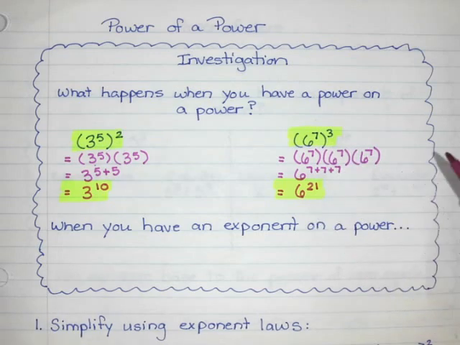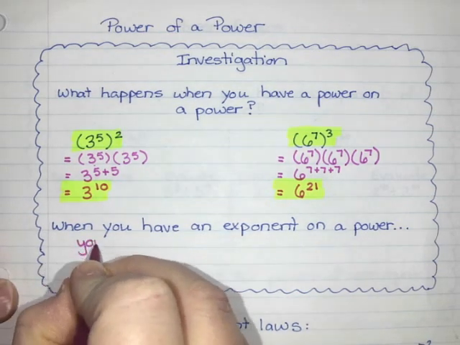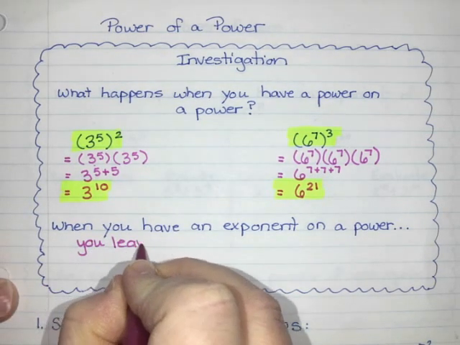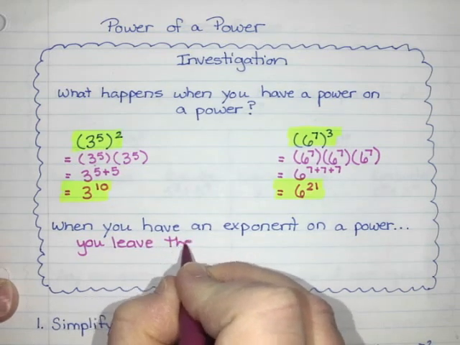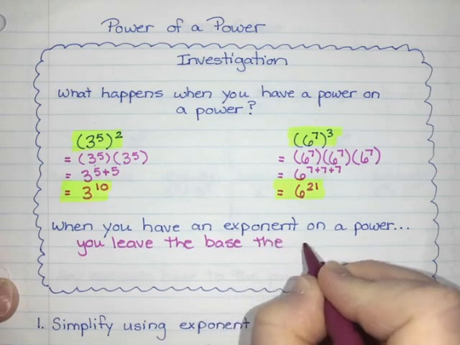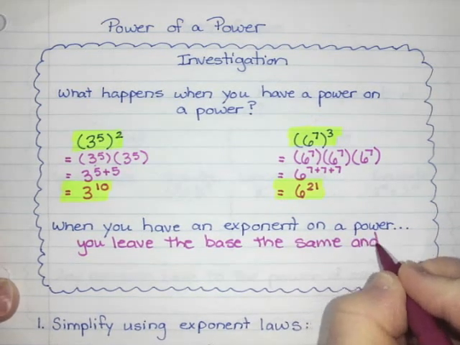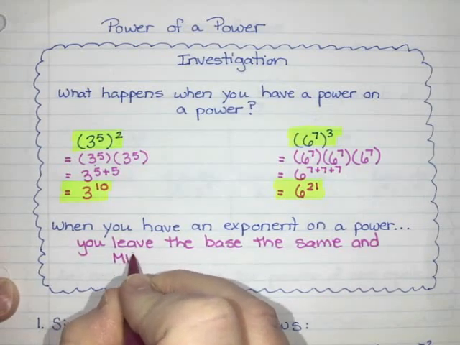So it says when you have an exponent on a power, you leave the base the same, and multiply the exponents.